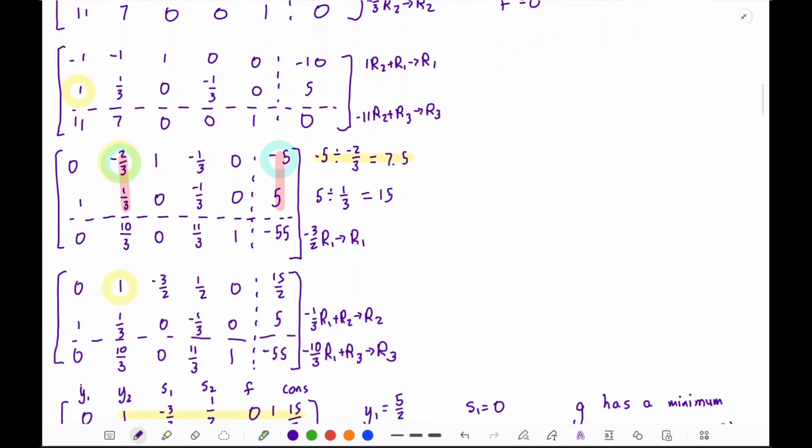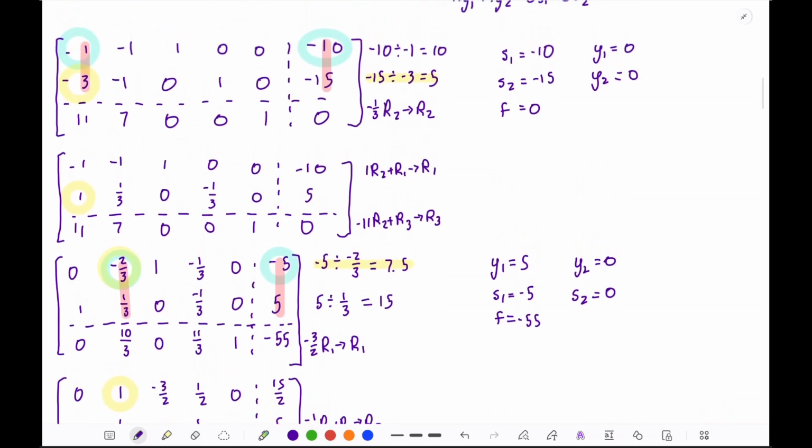And then this one, we have y1 equals 5, and S1 equals negative 5, and F equals negative 55, while y2 equals 0 and S2 equals 0. So again, we did this with 2 pivots.